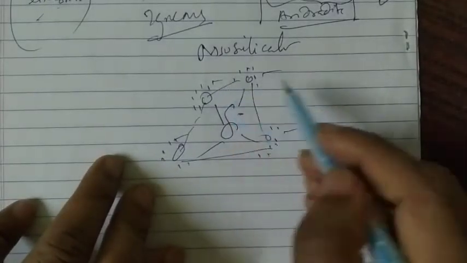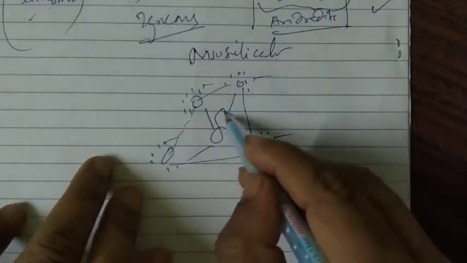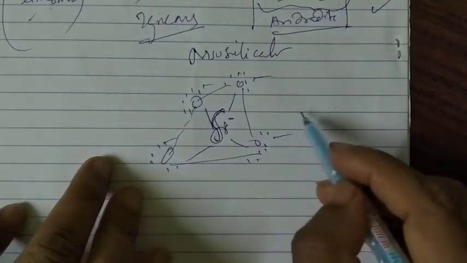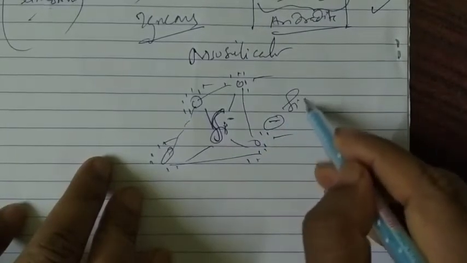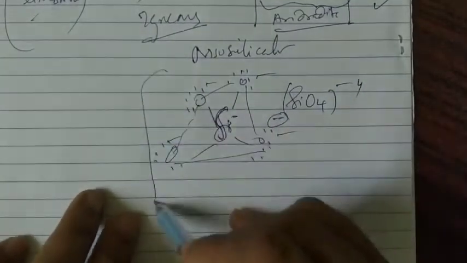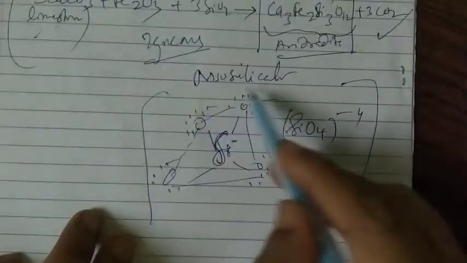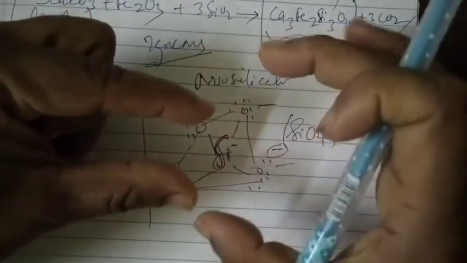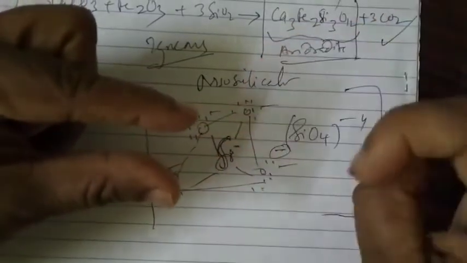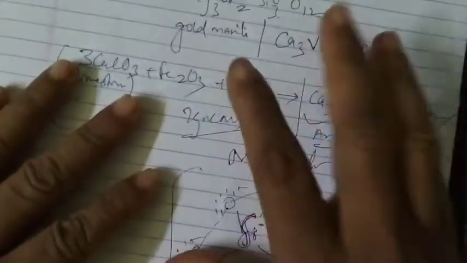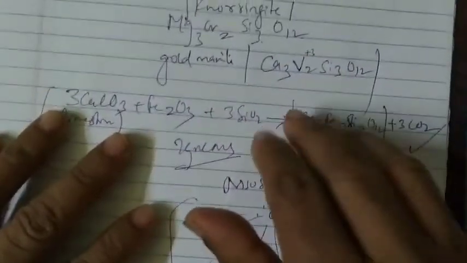All have 4 minus charge, and in between you can see silica is there. This type of structure, SiO4 4 minus, is called nesosilicate. Such tetrahedral structure, alternated by octahedral, is what garnets are usually made up of.